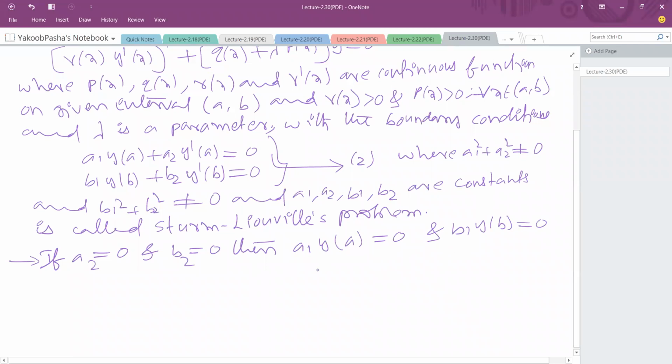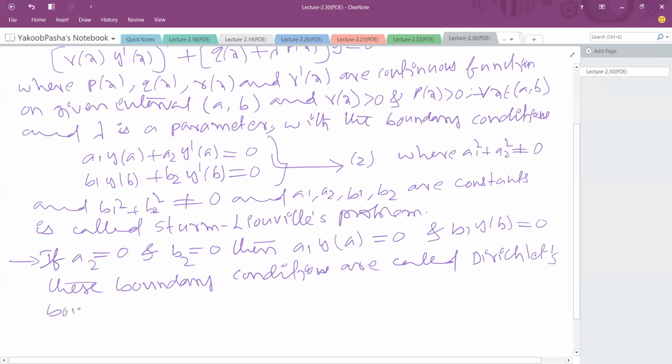Now these two boundary conditions are called Dirichlet boundary conditions.